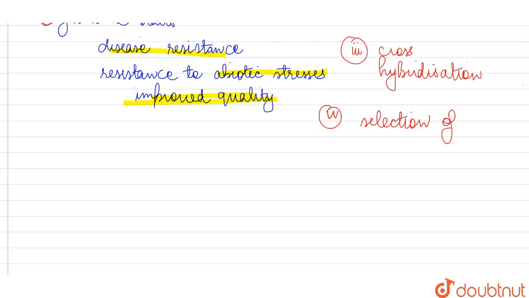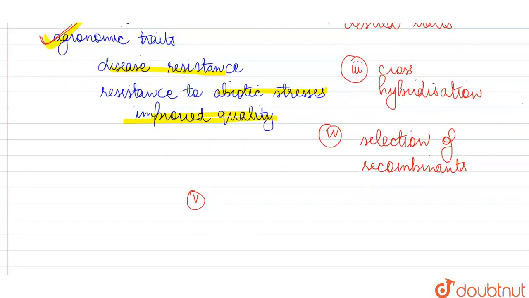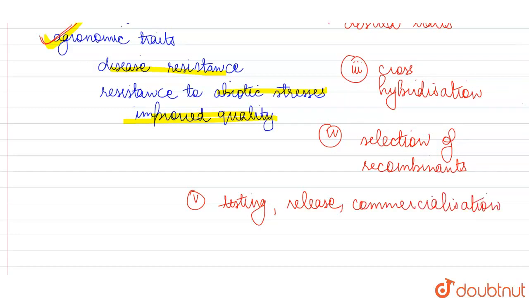So out of the progeny that will be produced after cross hybridization between two desirable parents, we have to select the recombinants which are showing an ideal combination of all the desirable traits. And finally, out of the recombinants which have been selected, we have to release them so that they are available to the farmers and commercialize them so that they might be widely cultivated along with the other existing varieties.